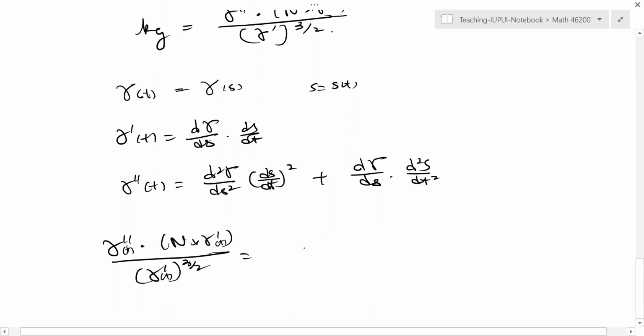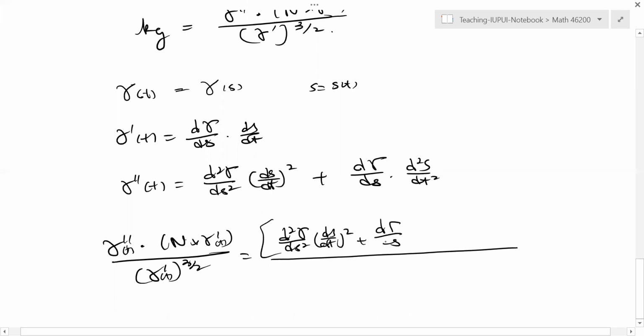Using the above formula, I have d squared gamma ds squared times ds dt squared. Here is d gamma ds and then ds dt.